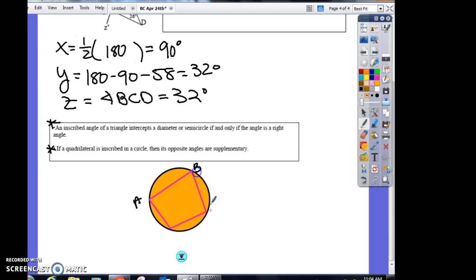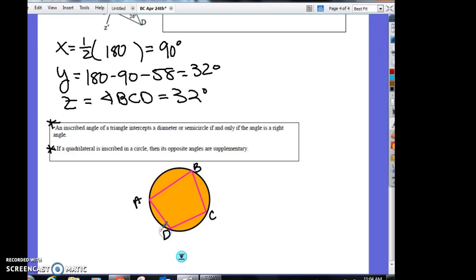As long as it's inscribed, and remember, inscribed doesn't just mean inside. The vertices have to be touching the circle. The opposite angles will always be supplementary. So angle A plus angle C equals 180. And angle B plus angle D will equal 180 degrees. That is for any inscribed quadrilateral in a circle.